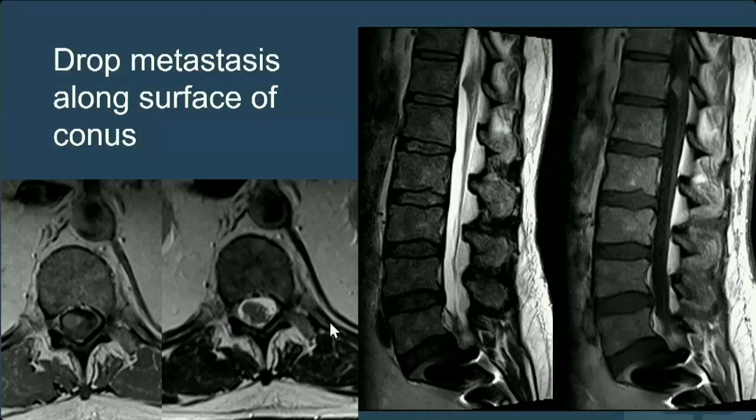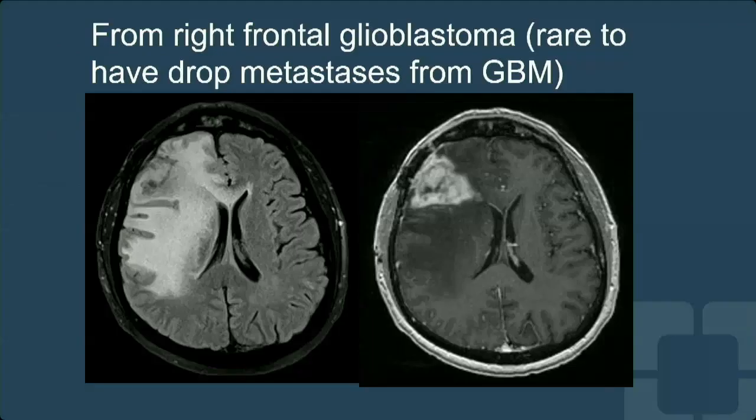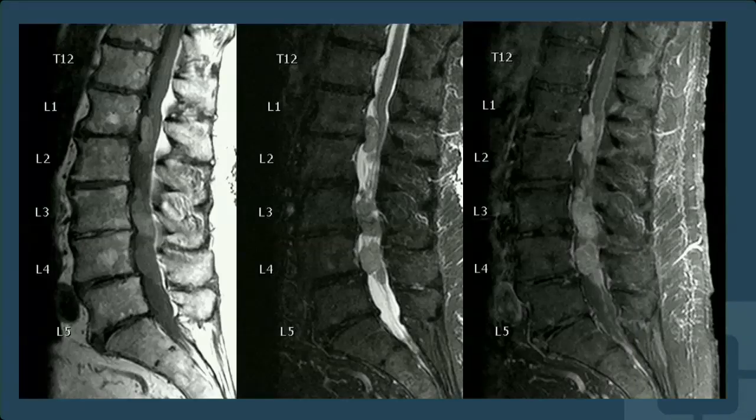You can also have drop metastases as intradural extramedullary lesions. In this case, you can see there's an enhancing lesion along the distal conus. This patient had GBM, and so that was a drop metastasis from GBM, which is extremely rare. I don't know if you've seen that much at all, but here's another case, intrinsic T1 hyperintense signal, multiple lesions.